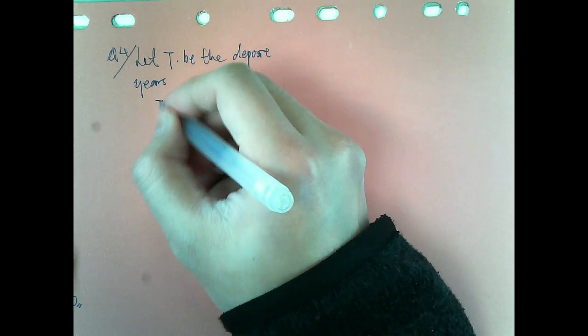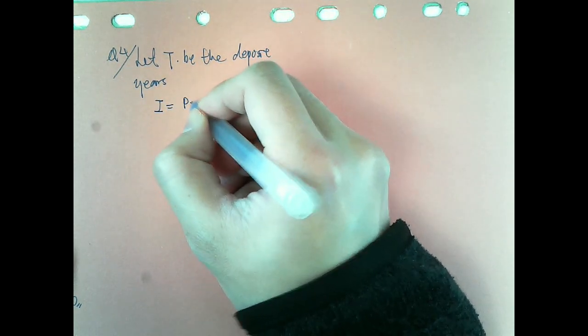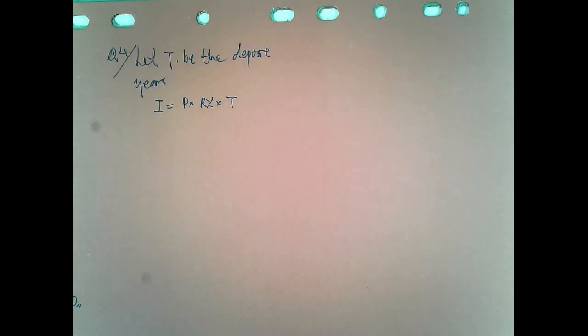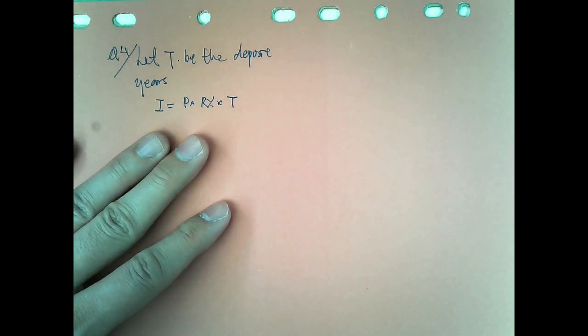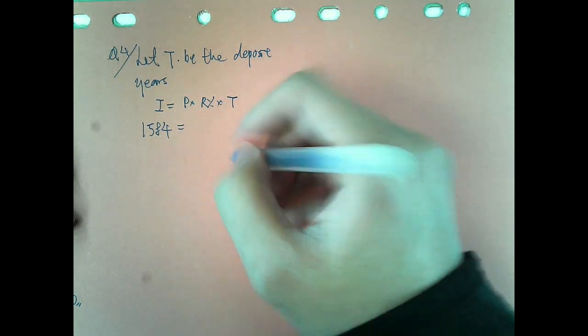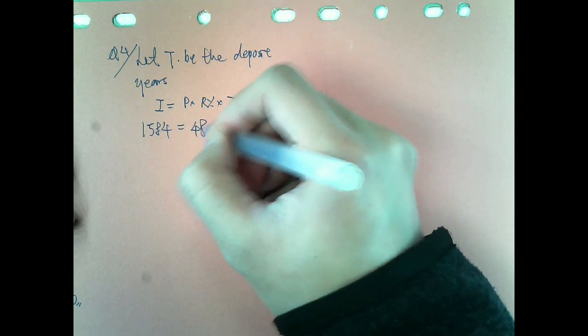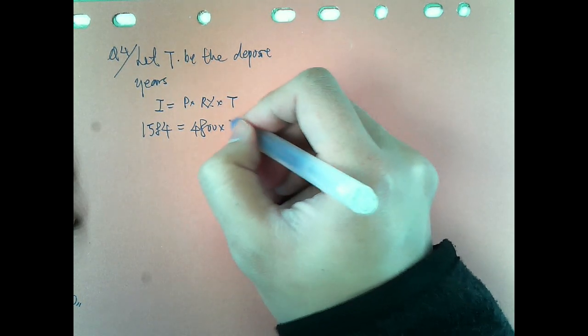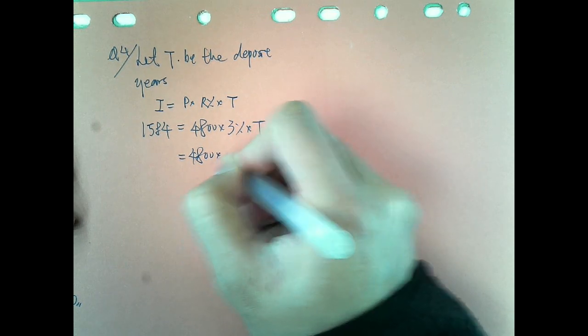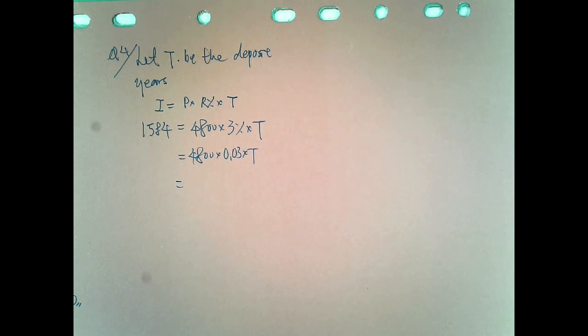So you have I, right? Use the I formula. Write down the formula first and then plug in. The I number should be 1,548, understand? And then do you have P, right? You have P, right? And then 3% and then T. So calculate this side first, 0.03 times 4,800, and then go to your calculator.